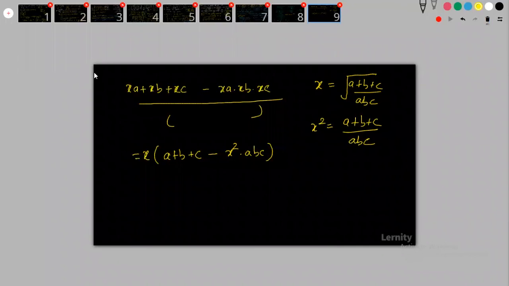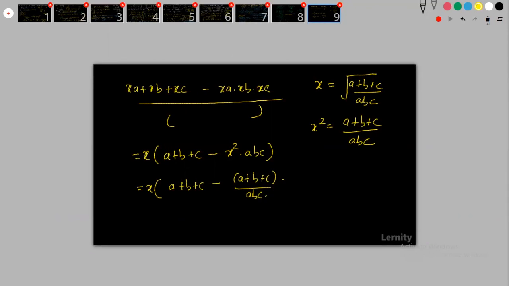I will substitute the value of X square. So this is X into (A plus B plus C) minus X square, (A plus B plus C) by ABC, into ABC. This will get cancelled with this. So the numerator is 0. So that means tan theta is 0. Understood now? Okay, fine.